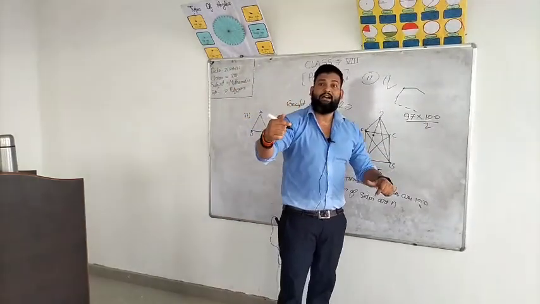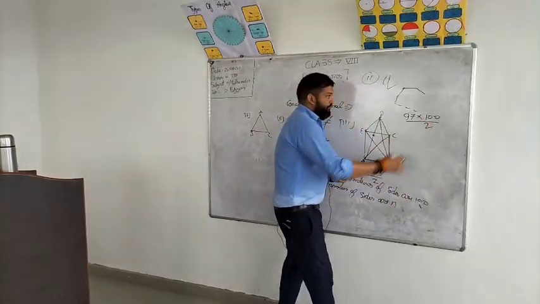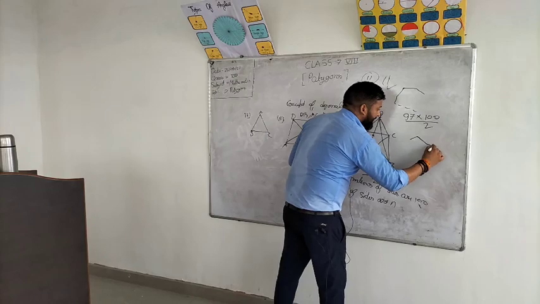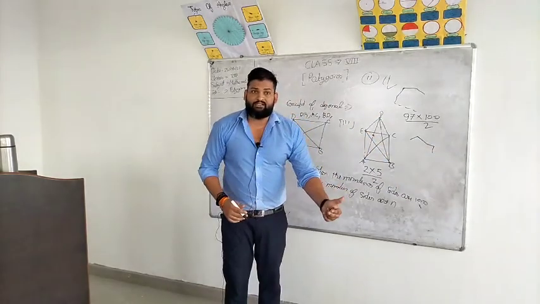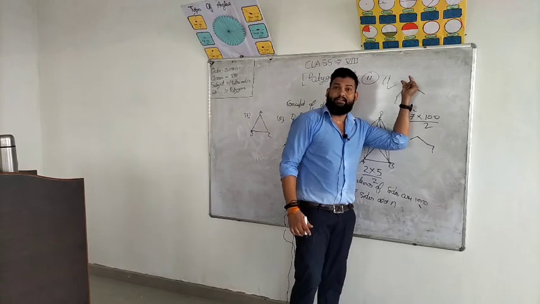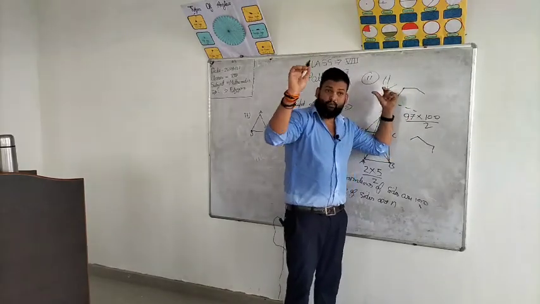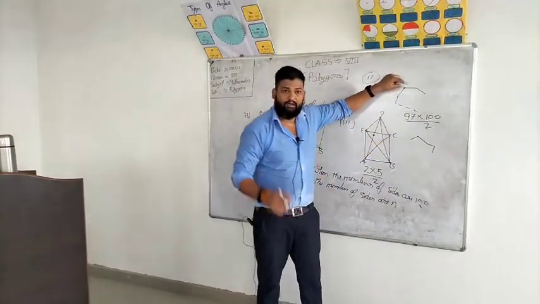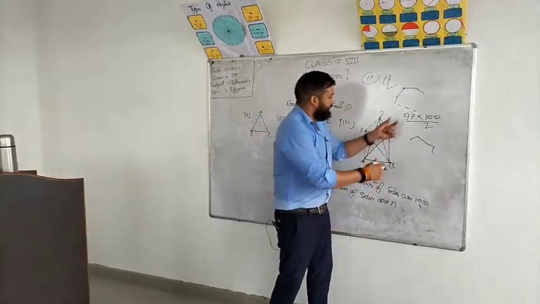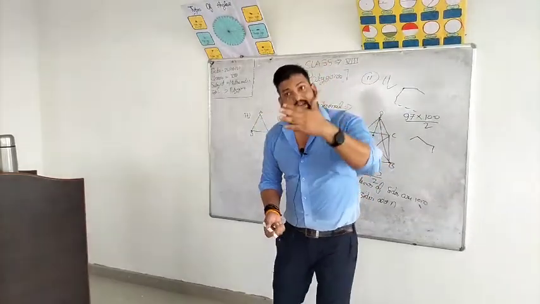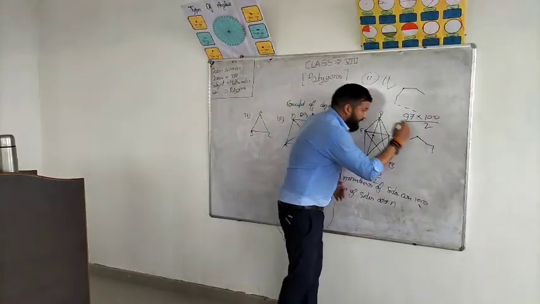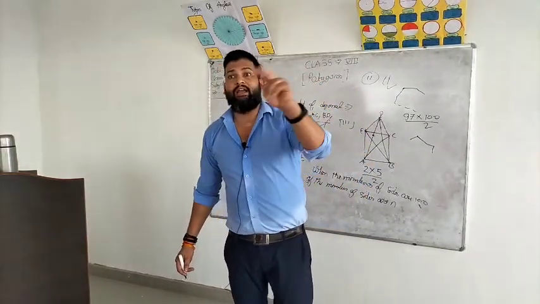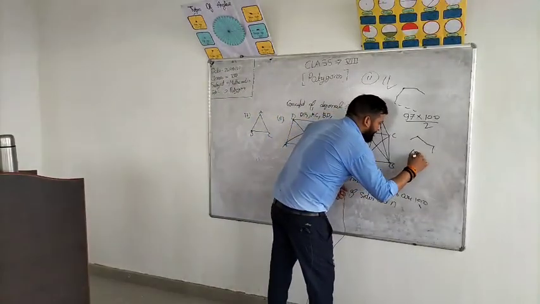If the number of sides is n, from one vertex how many diagonals can we draw? n minus 3, because with 100 sides, from one vertex the number of diagonals is 97. So from a single point we can draw n minus 3 diagonals.